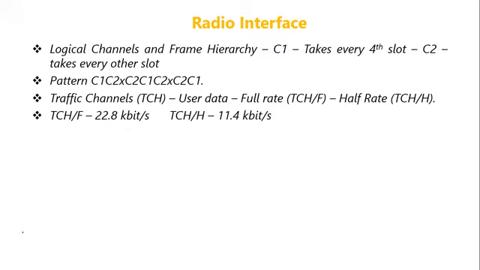Okay. With voice codecs available with the GSM standardization, 13 kilobits per second were required. Whereas the remaining capacity of the traffic channel, out of 22.8 kilobits, was used for error correction.